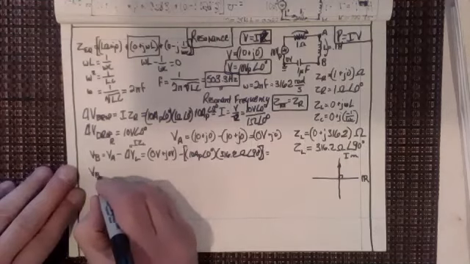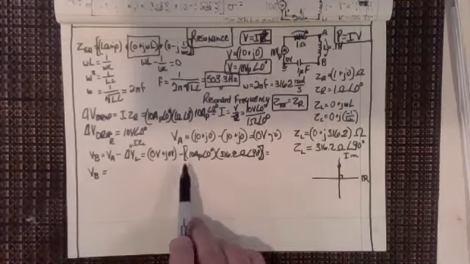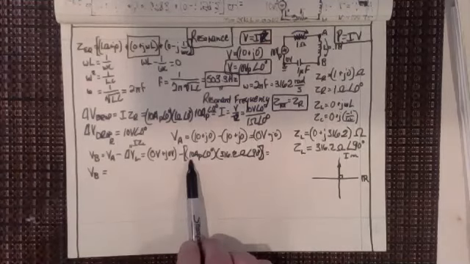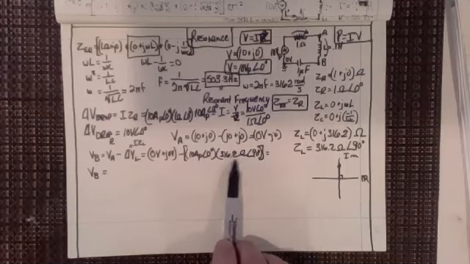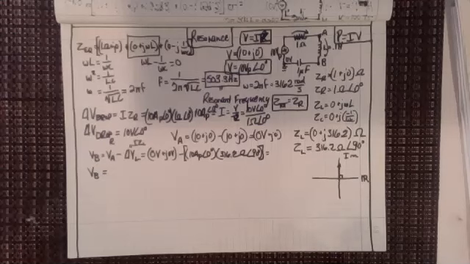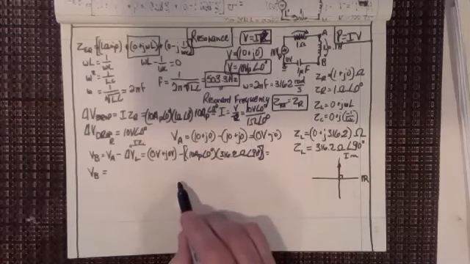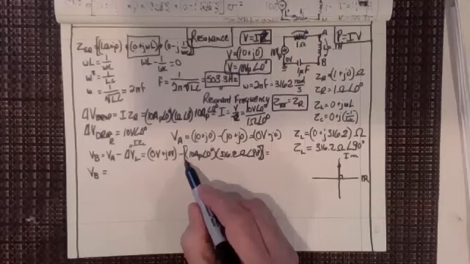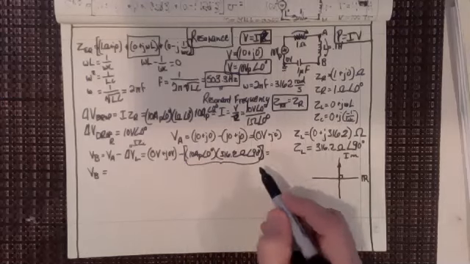So V sub B, if we multiply these together, 10 amps times 316.2 ohms gives me 3,162 volts, right? Now, let's just look at that all by itself.